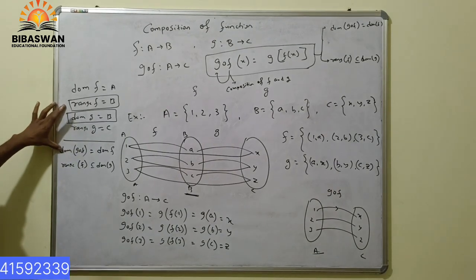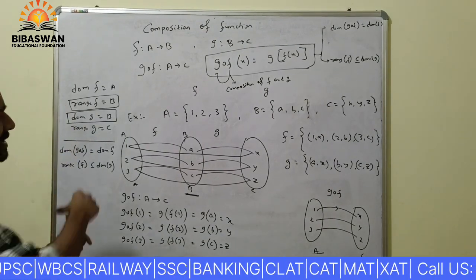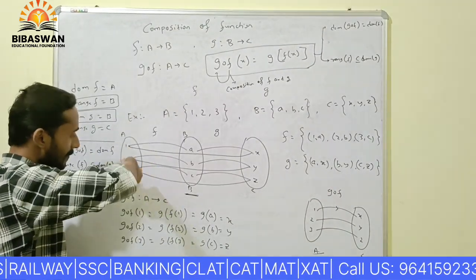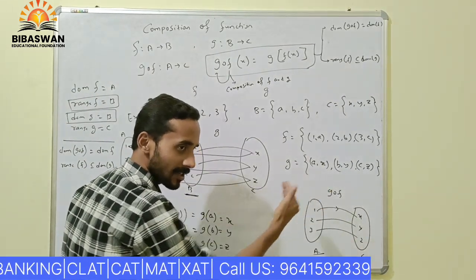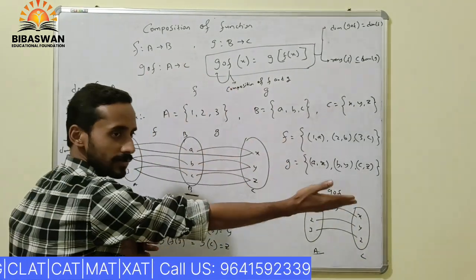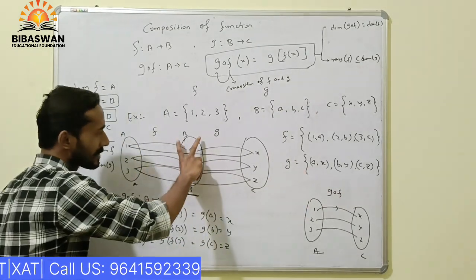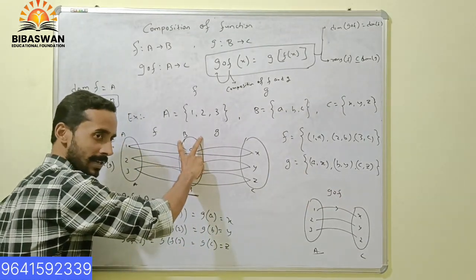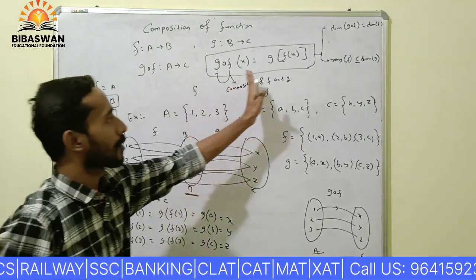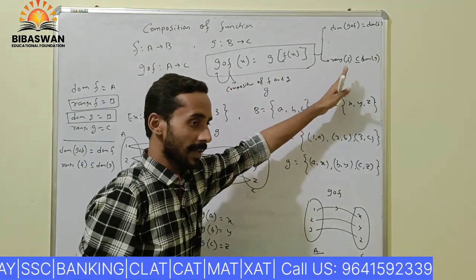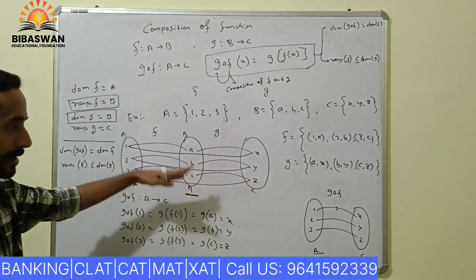This is not messy. If you understand, it is nothing. It just says that first, A should be the domain of G of F, because G of F is the connection of F from A to C. Understood? And this should be common. So range should be the subset of domain of G. This is the whole concept of it. This is the example. Understood? Write it down.